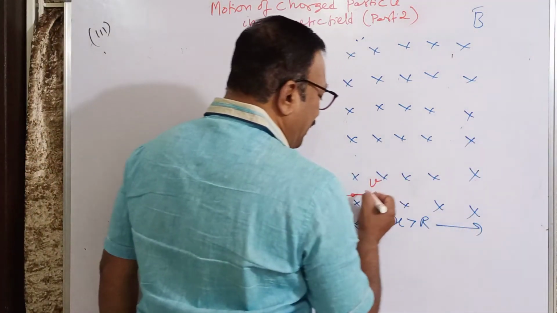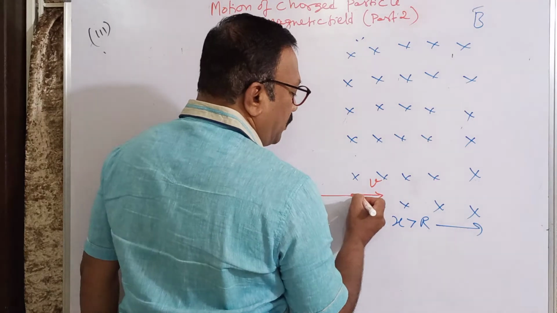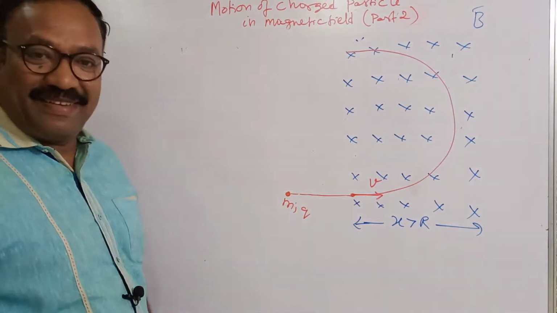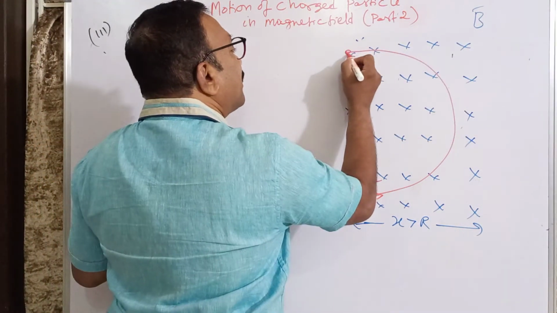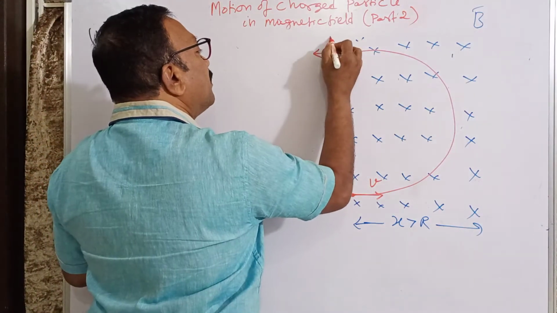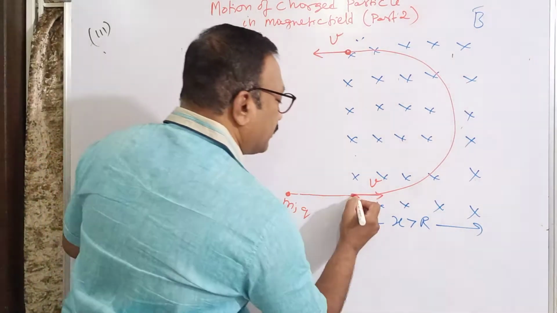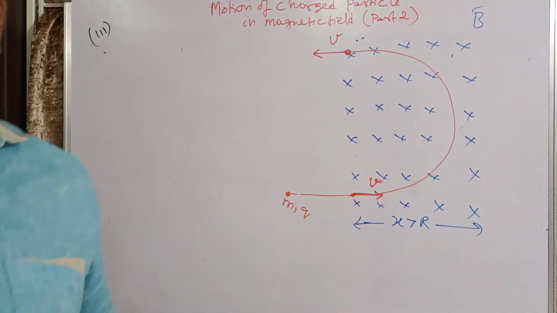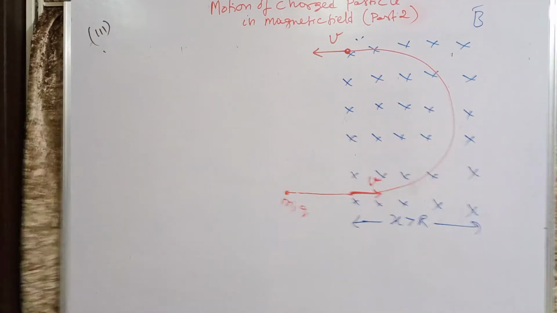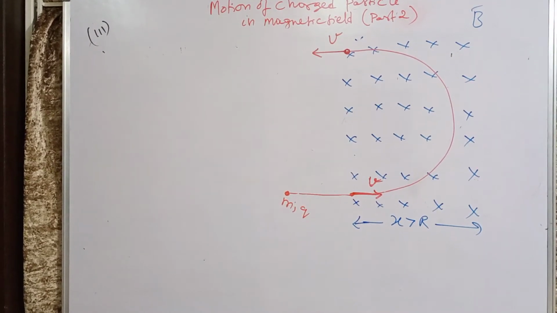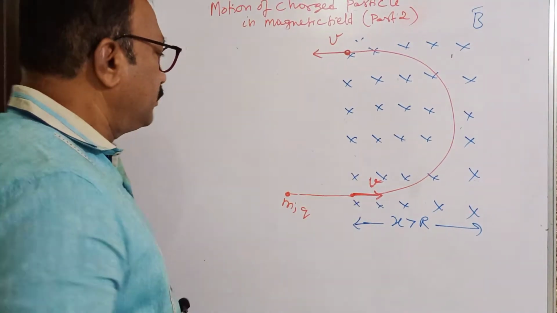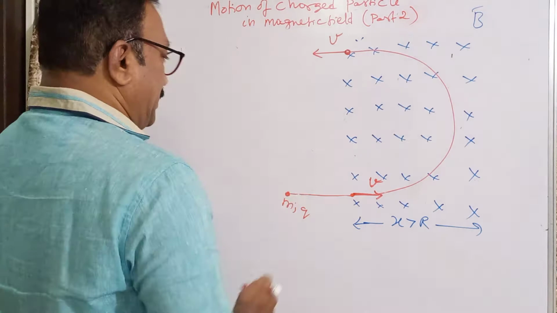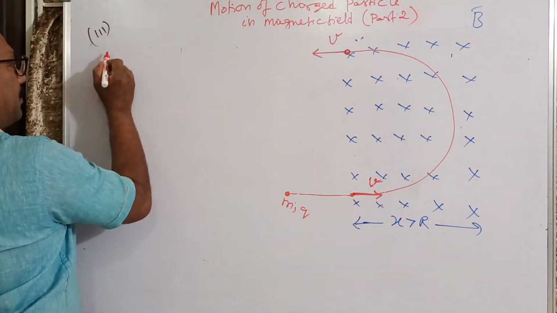Because it is more than the radius, now the particle can go and complete a semicircular motion like this, and it will come out of the field. So now what happens? All three questions we'll answer again.